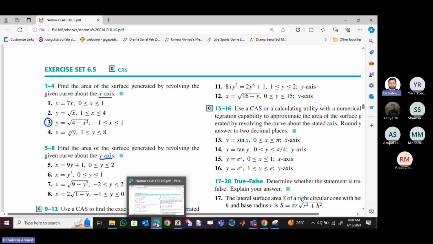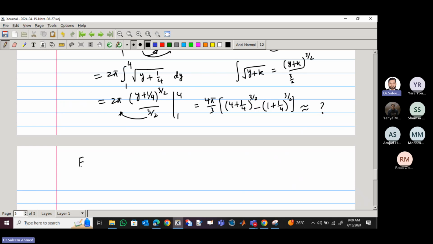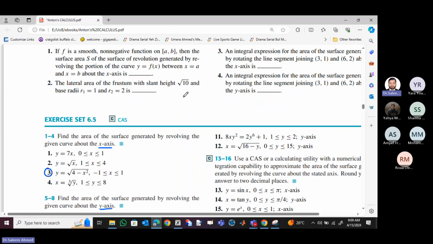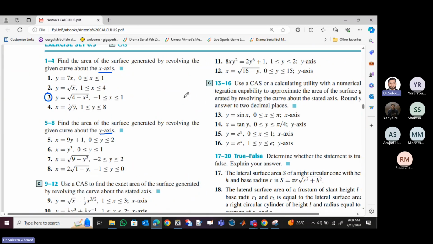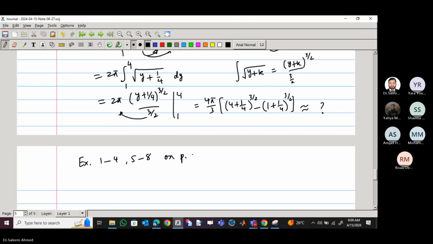Exercises from 1 to 4, and 5 to 8, on page number 447. So these are revolution about the x-axis, and these are revolution about the y-axis.